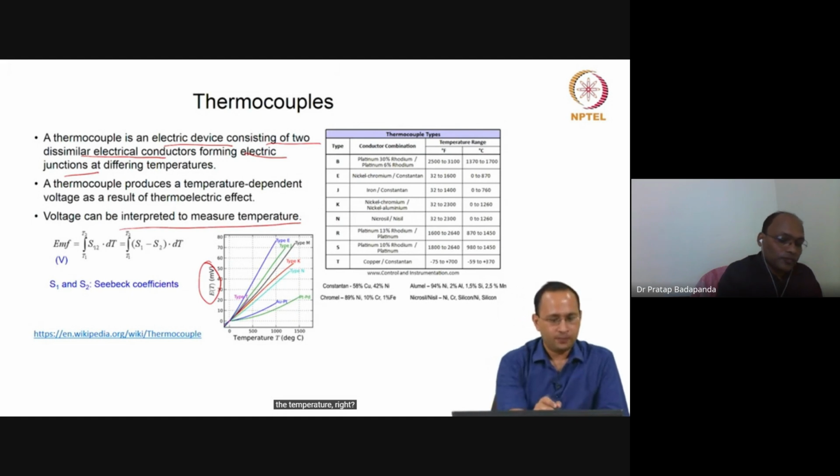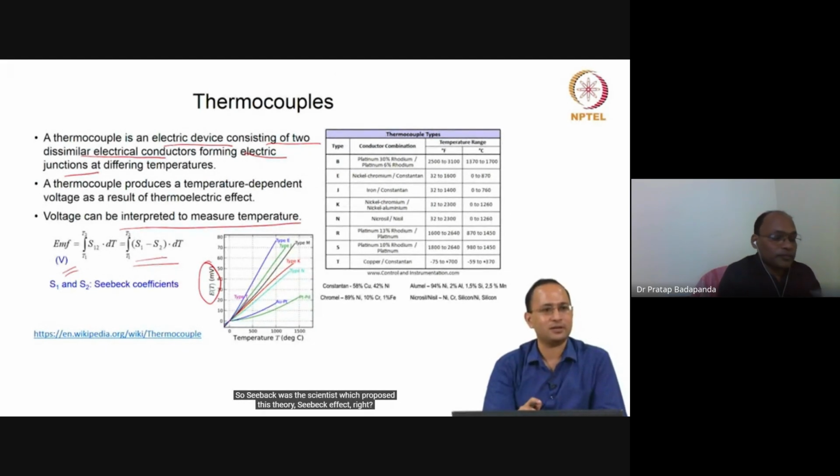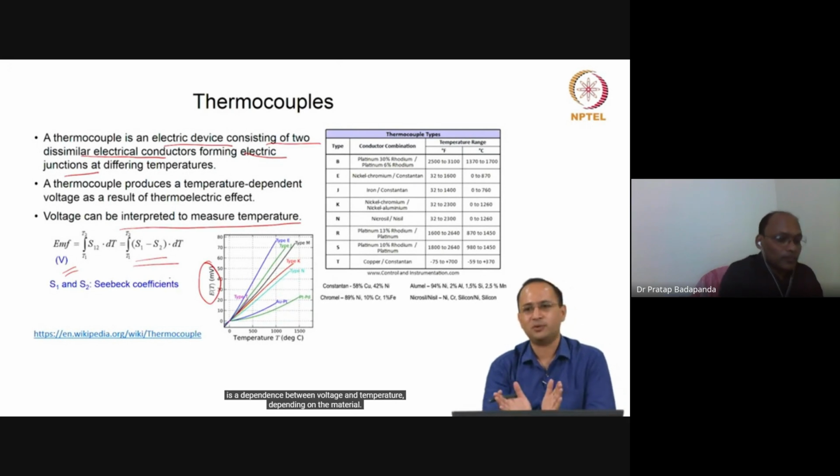This voltage depends on the temperature difference, obviously, and also on the Seebeck coefficients. Seebeck was the scientist who proposed this theory, the Seebeck effect. You can go and read about it, but here I just wanted to show you briefly that there is a dependence between voltage and temperature depending on the material.